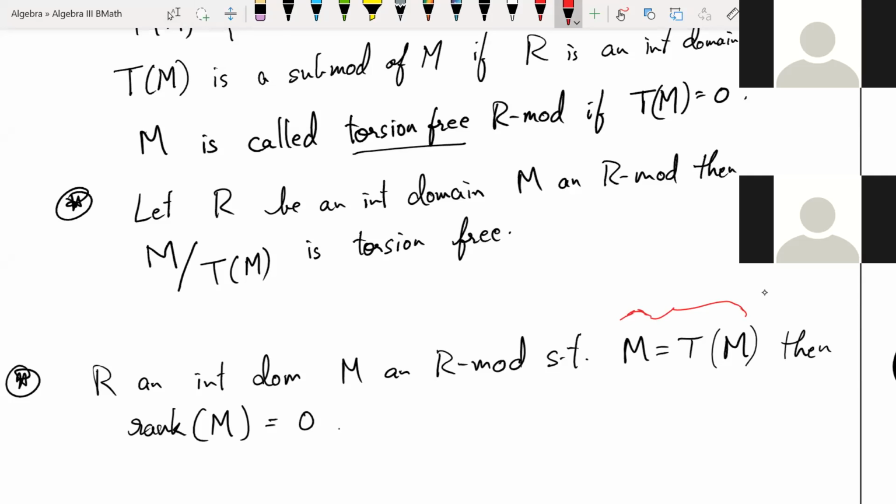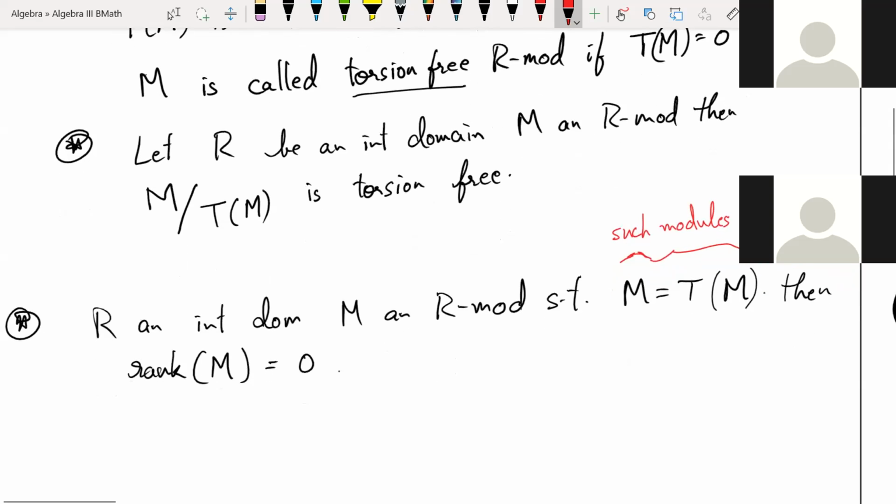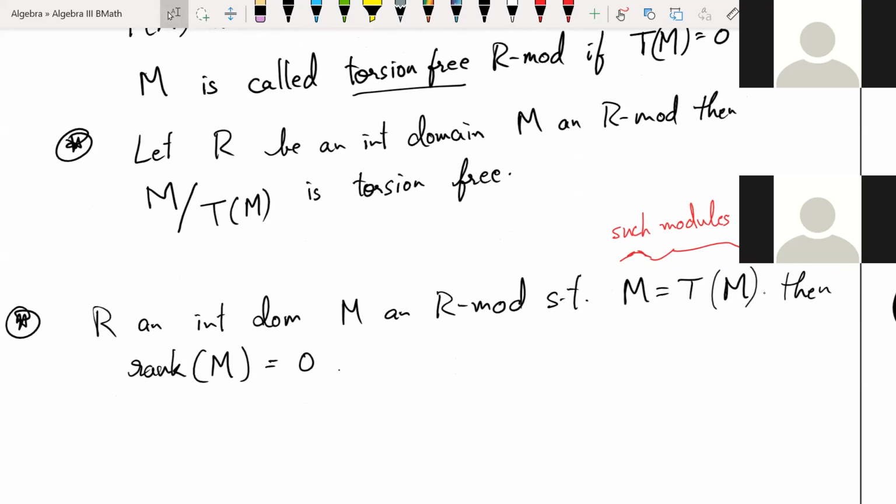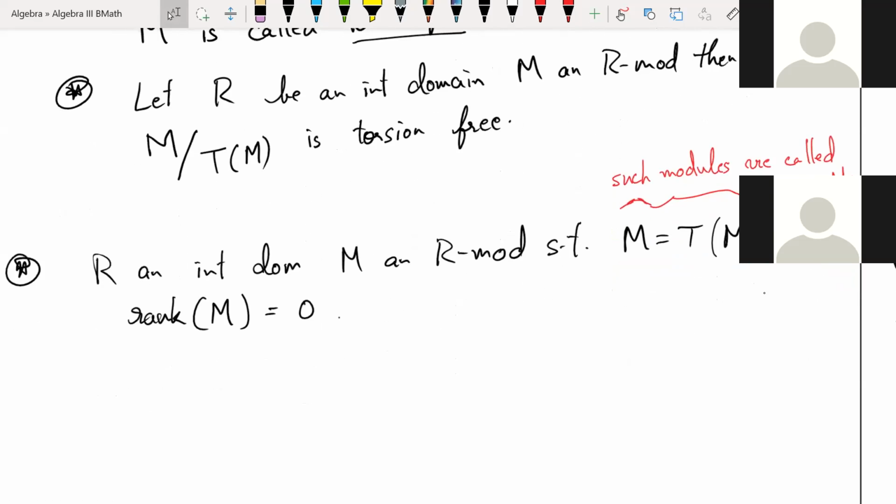Maybe I should have written it as a definition, but such modules are called torsion modules. The point is, if M equals T(M), then the rank of M is zero, and that is clear. So it's actually if and only if.